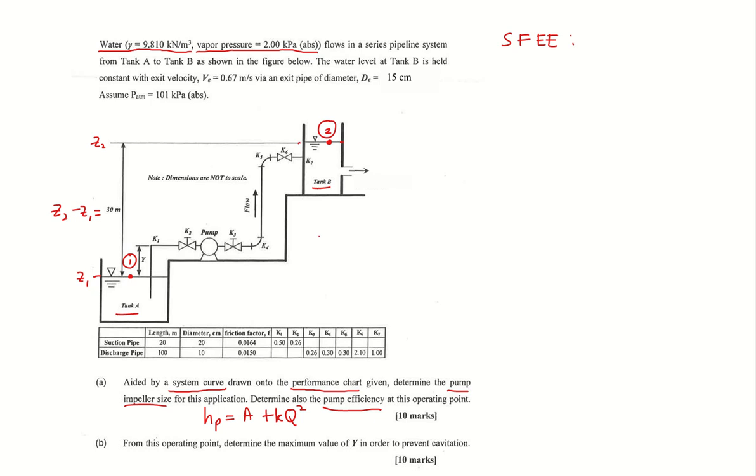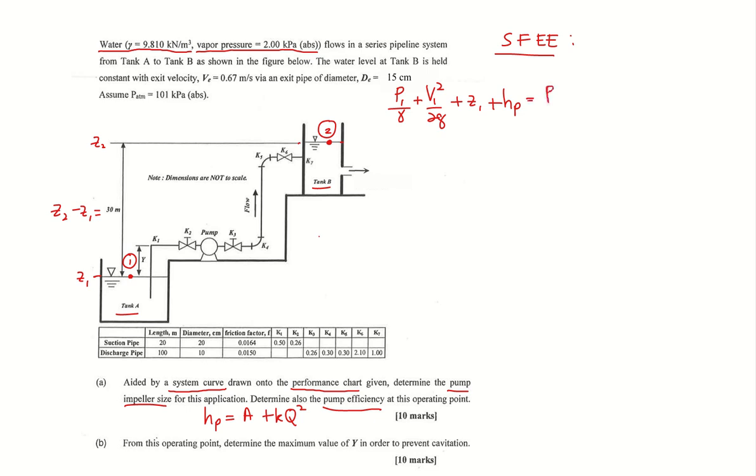All right. So for point 1, in the SFEE or steady flow energy equation, we have pressure head and velocity head. We have elevation head and the head supplied by the pump, HP.